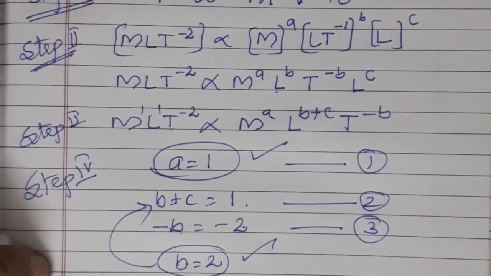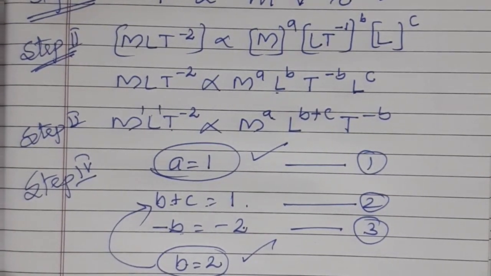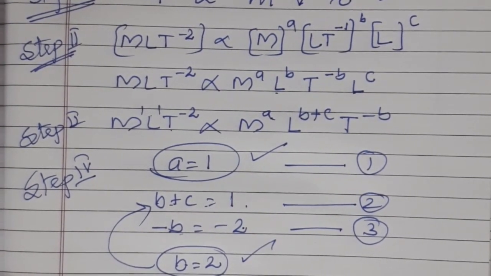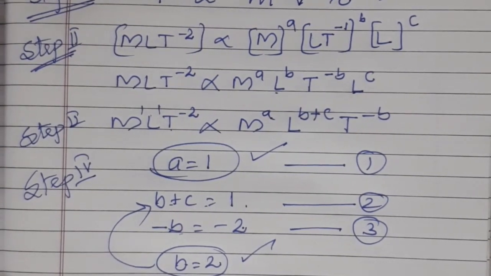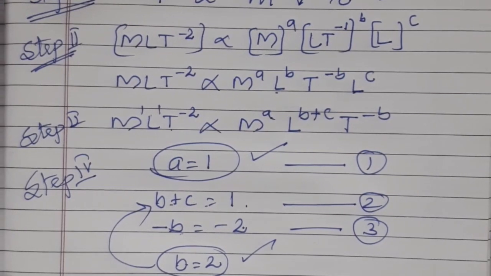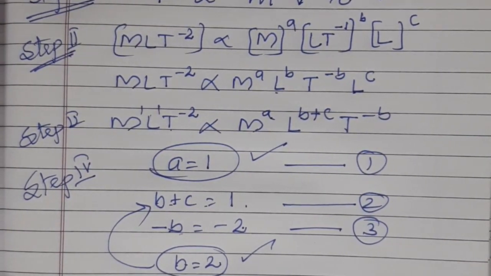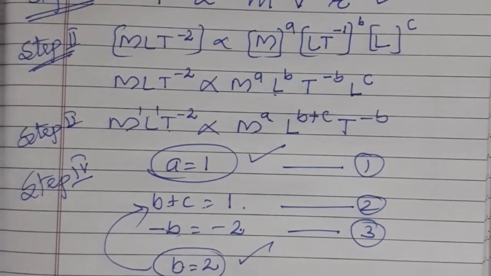Again, it will be better if you write it like this: k m v square by r. K is the constant of proportionality. Normally you will not know its value. You can leave it over here. In this case it is 1, but I'm not writing it over here.